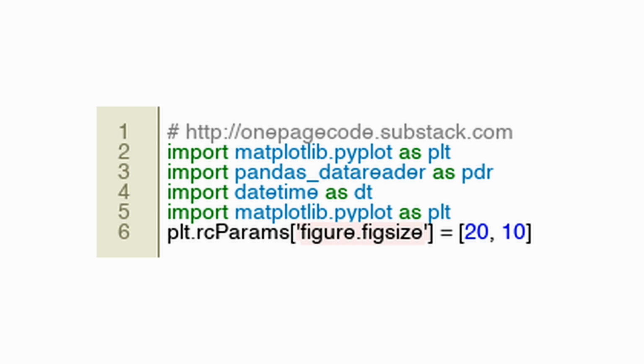Lastly, the code sets the default figure size for matplotlib plots to a large size of 20 by 10 inches. This adjustment ensures that the generated figures are big enough for detailed analysis, making it easier to notice trends, patterns, and outliers in the visualized data.